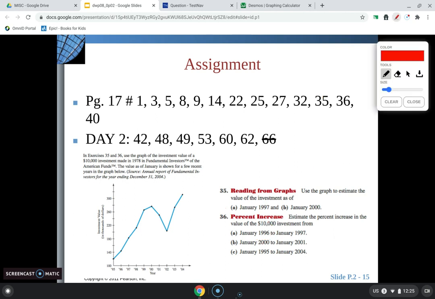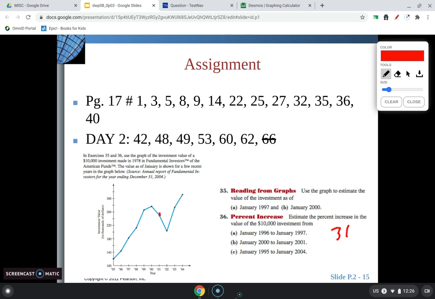Let's try that again. January 2000, what do we say that was up there? Like 280 to 2001. Well, that went down. So 280 to, I don't know, 260 to, let's say, 250.